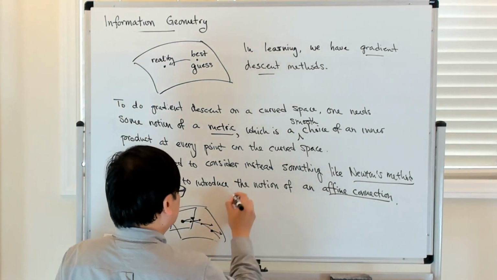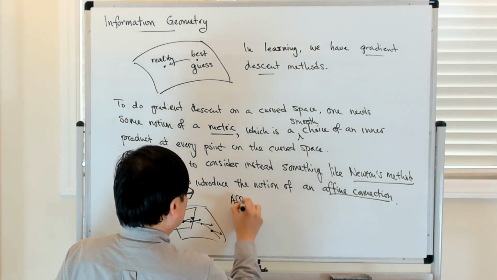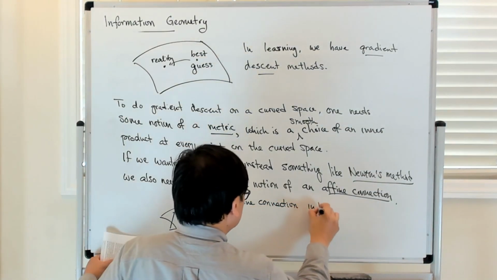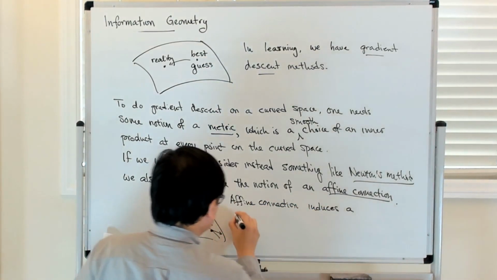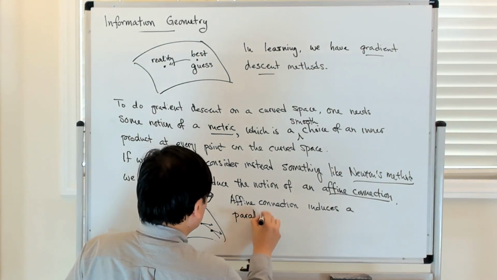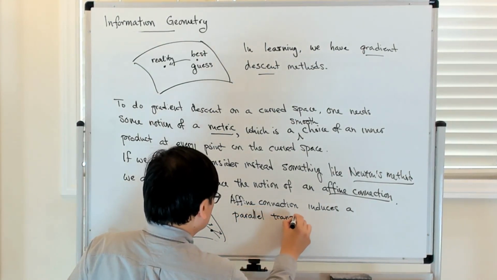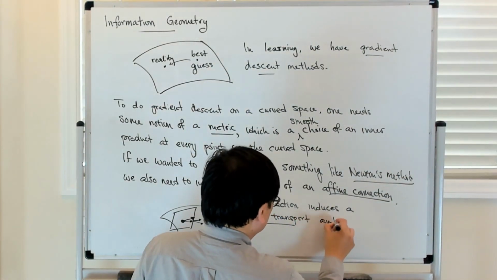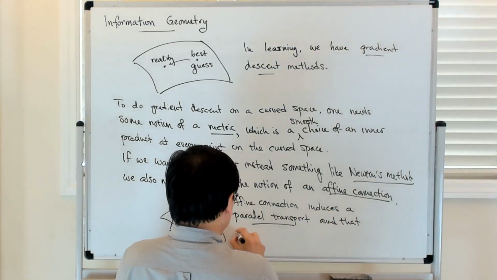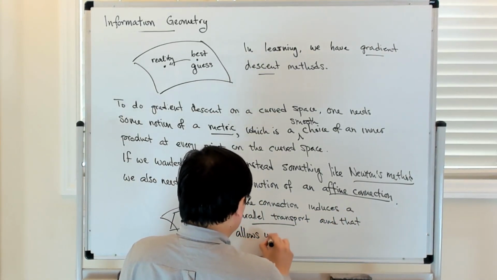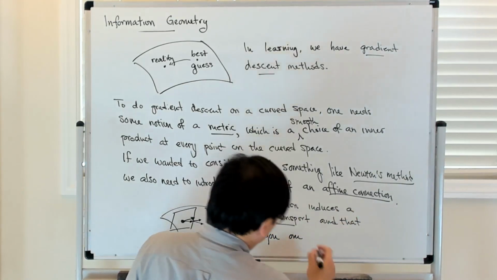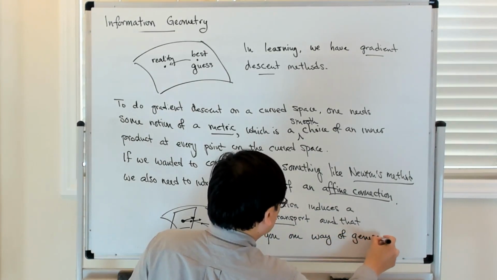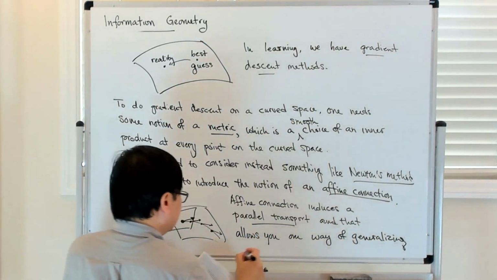So this affine connection induces a parallel transport, and that gives one way, though there is more than one way, of generalizing the notion of straight lines.